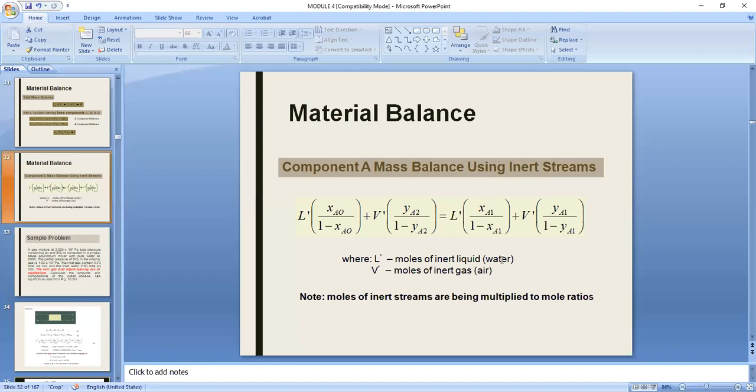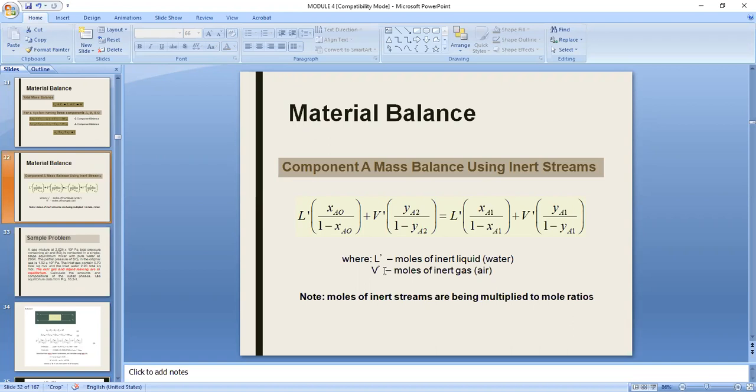So let's say your solvent is pure water most of the time, and it doesn't contain the A, then whatever is the entire amount supplied is also equal to L prime. For V prime, that's the amount of moles of air present in your gas mixture. Oftentimes, the gas is just air with another gas. So we take out the other gas from the air, of course, to purify it. And the liquid that we use for that is water.